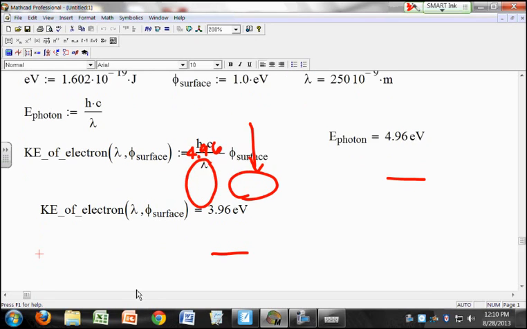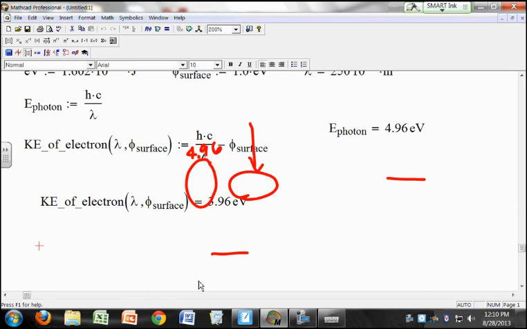Now, I can have it calculate KE of electron for some other values of lambda and phi surface. I can manually override these values.